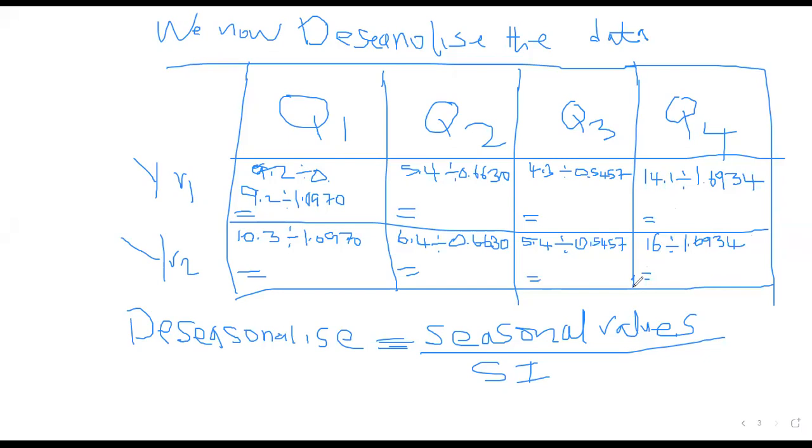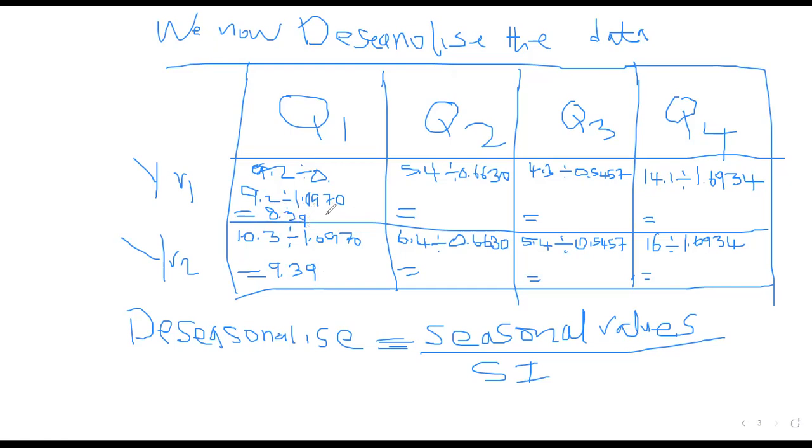So we can actually get the values. 10.3 divided by 1.097 is giving us 9.39. Then 9.2 divided by 1.097 is 8.39.